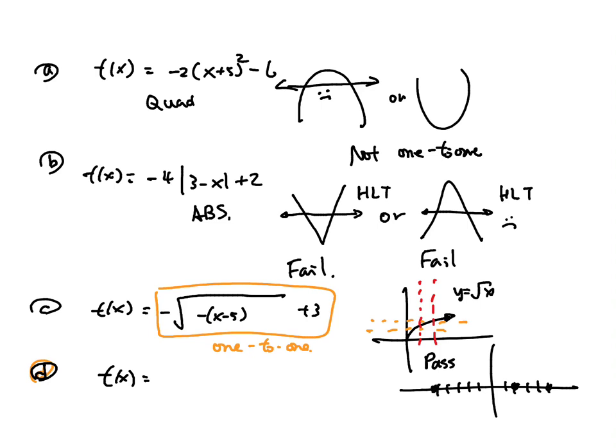Which means if you punch it in the calculator, the graph looks more like this. And this is a fail. It fails the horizontal line test again.